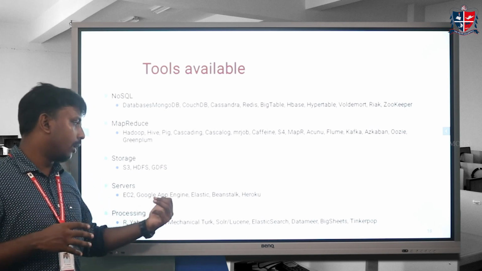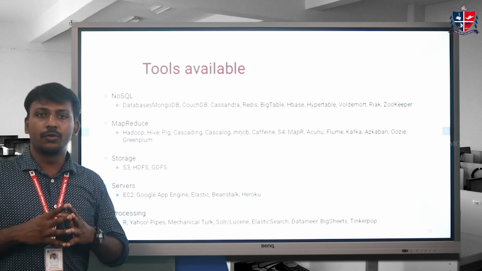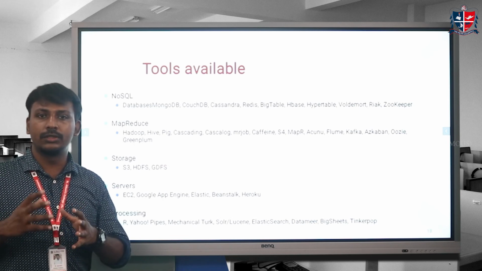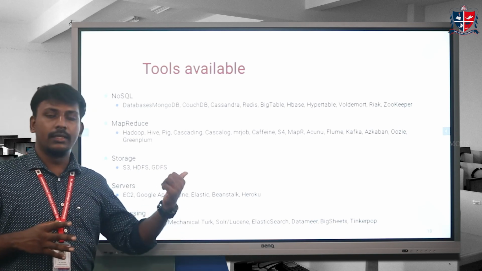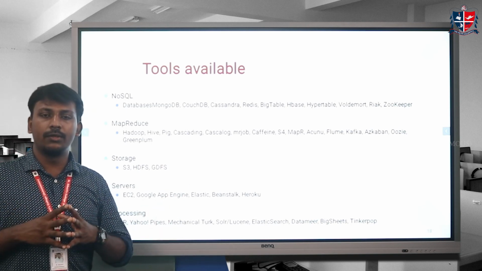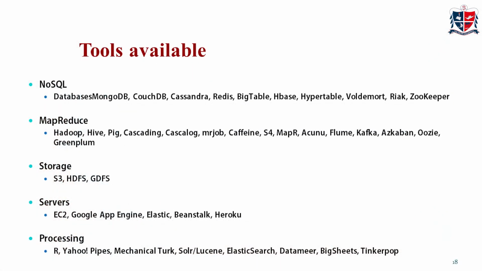And coming to Google App Engine, so many big players provide data warehousing and data processing services. And coming to processing, there are so many data processing techniques and frameworks, which are also provided by the major big data processing companies.